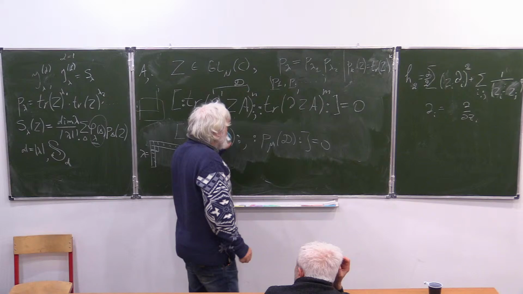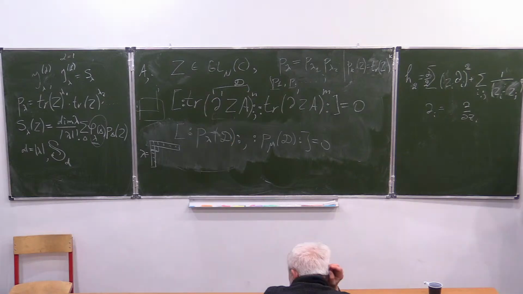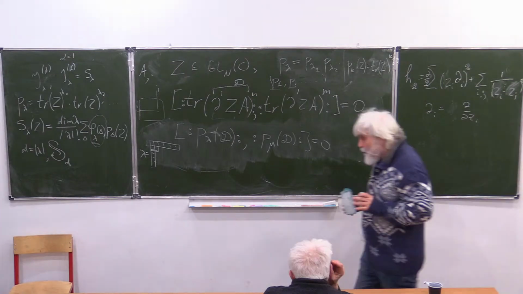We have this commuting family, and the problem is to find common eigenfunctions. This is not solved, as far as I know.